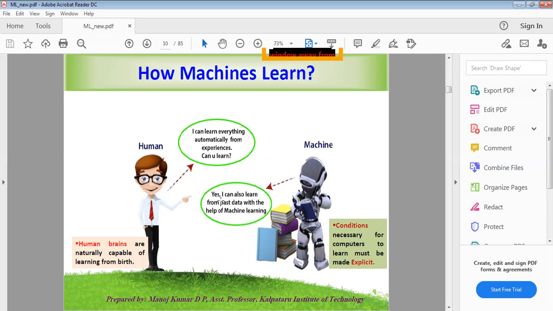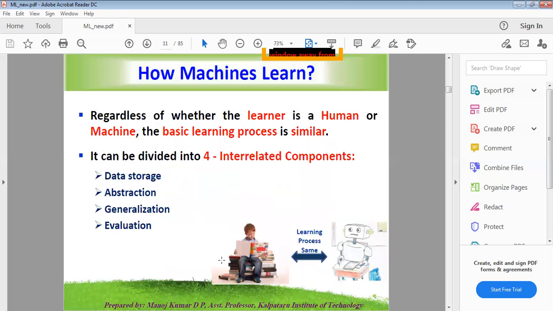Come to the machine part. Yes, it can also learn from past data with the help of machine learning. So from experiences, a human learns that after falling you can get up and walk. The machine will learn from the past data with the help of machine learning; it works based on how the past data was.